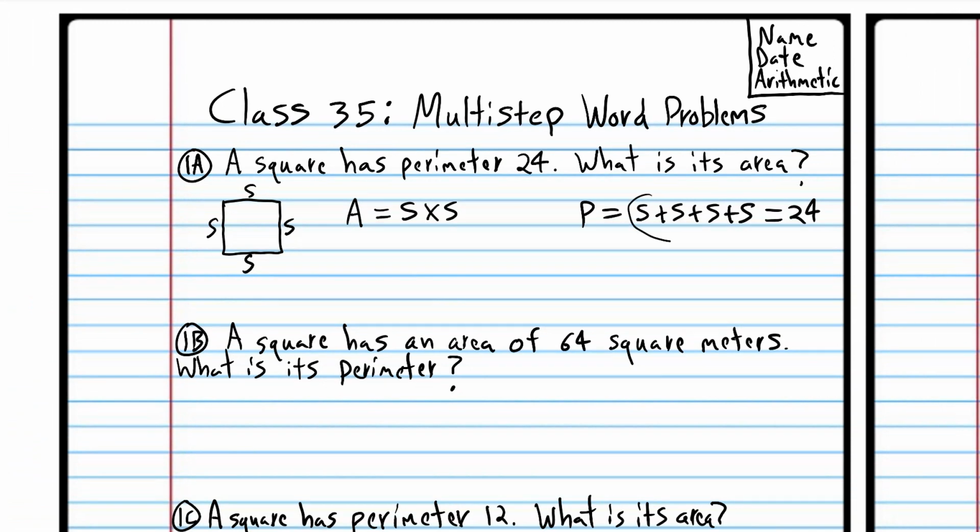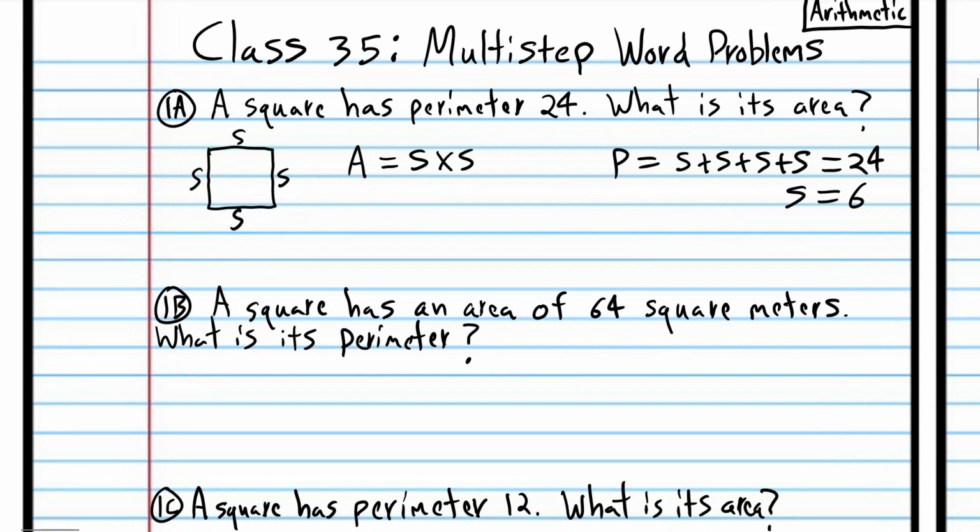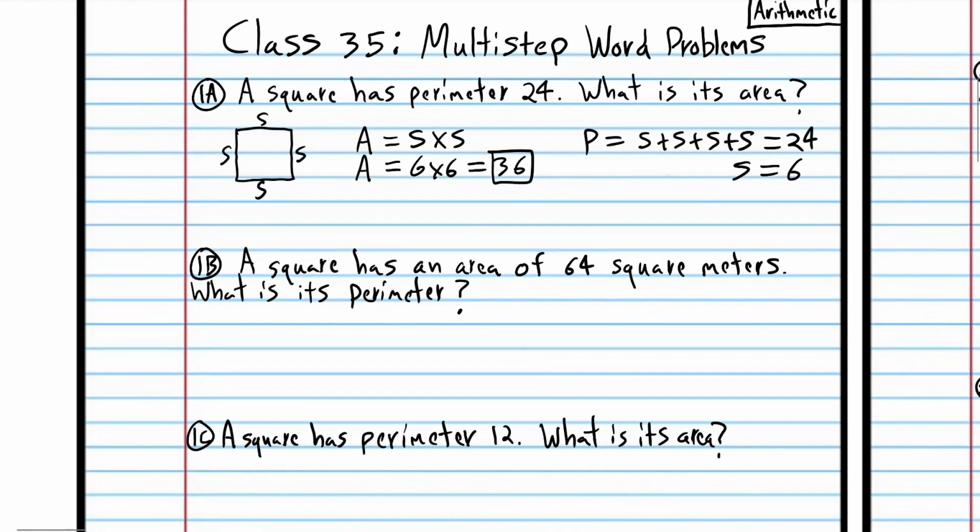So what number multiplied by 4 equals 24? In other words, what number do you add up 4 times to get 24? Well, obviously, it's 6. You can use your multiplication facts to figure that out. So now we know the area is 6 times 6, which is 36, and you're done. So that problem wasn't too bad.